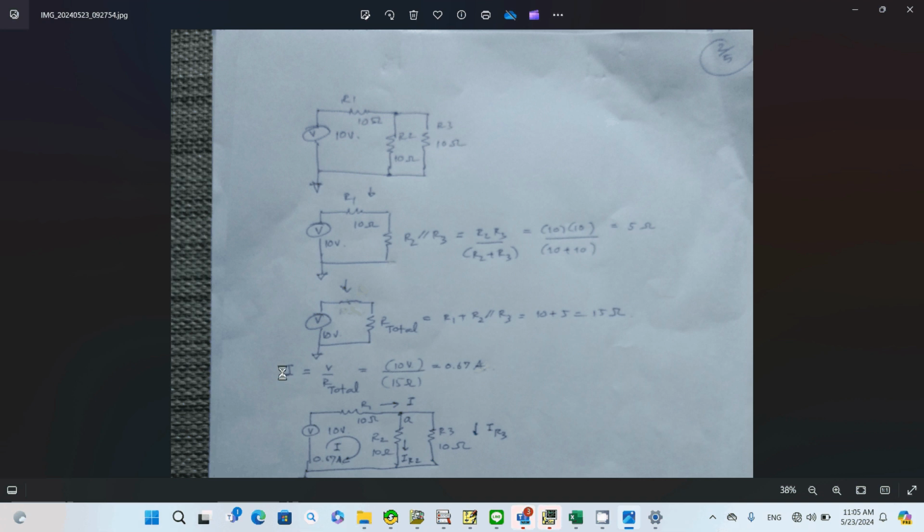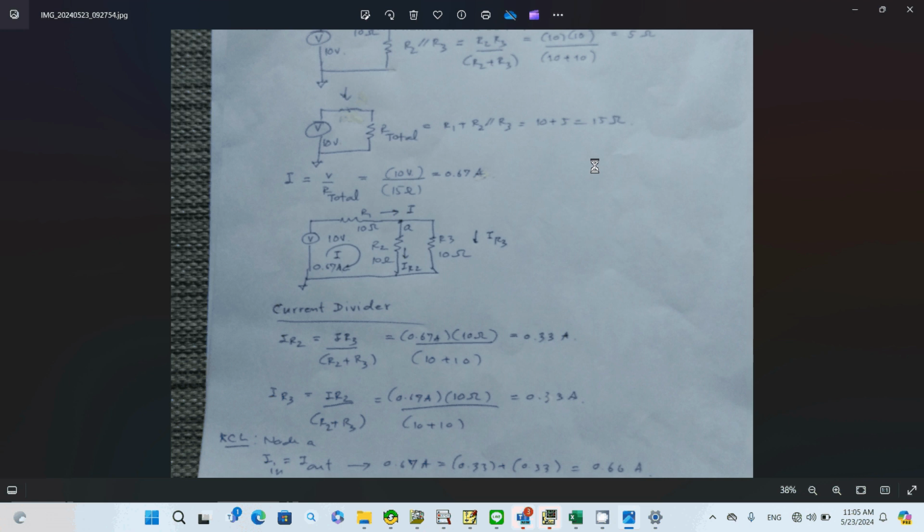By applying Ohm's law, I, the current flowing in the circuit, is simply equal to V over R total. That's 10 volts divided by 15 ohms, so that gives you 0.67 amps, the same as the previous one.